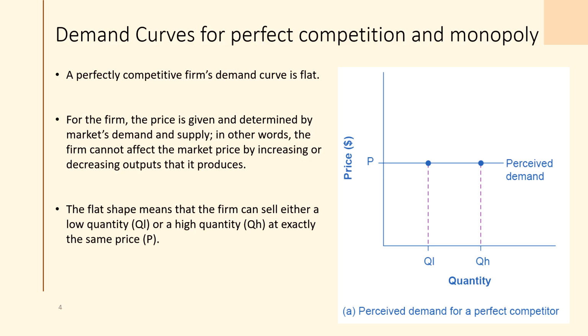If the market price is P, the firm can sell a small quantity QL or a large quantity QH at exactly the same price. The firm cannot charge more than P because buyers would purchase from competitors. The firm also has no reason to charge less than P because it can sell at the market price. So the competitive firm chooses quantity, but price remains fixed.